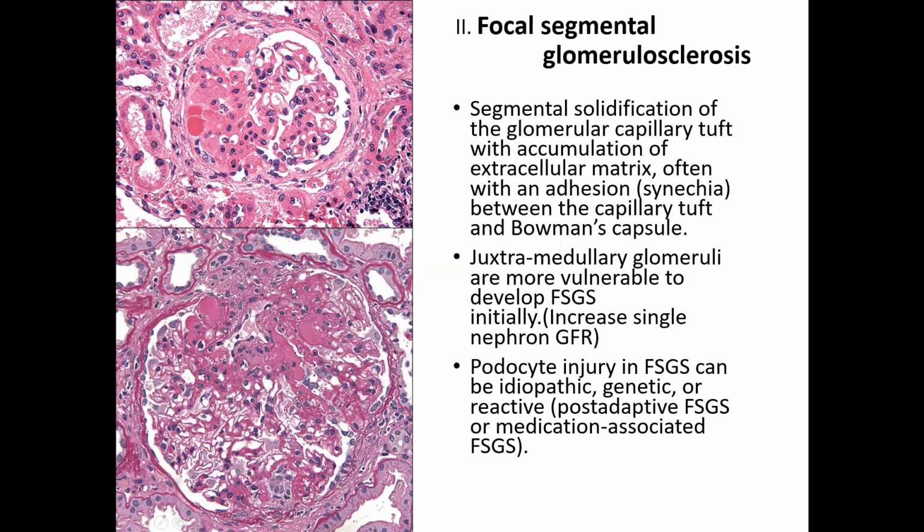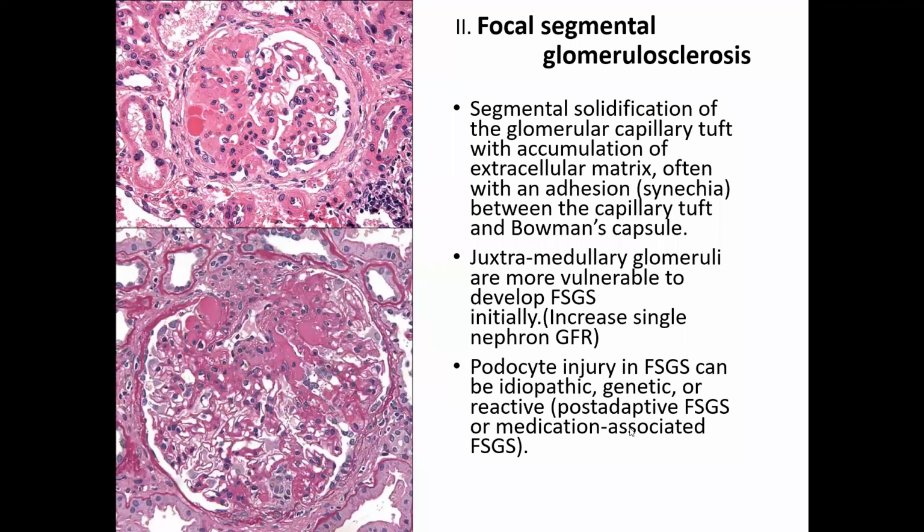Usually the juxtamedullary glomeruli are initially and more vulnerable to develop FSGS, because the juxtamedullary glomeruli have increased single nephron glomerular filtration rate. So the juxtamedullary glomeruli are the first involved in cases of FSGS.